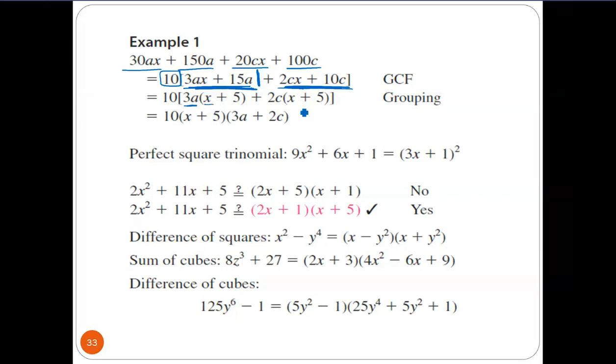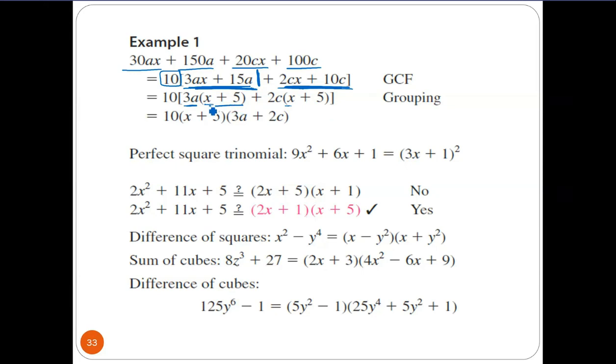We have x and 5 because 15 divided by 3 is 5. From the second group, we can take 2 and c. 2c is taken as common factor, we have x, and from 10c, we already took c, 10 over 2 equals 5. Look at this.